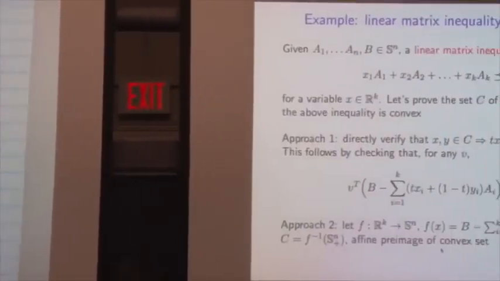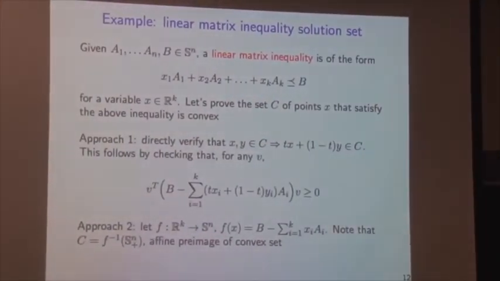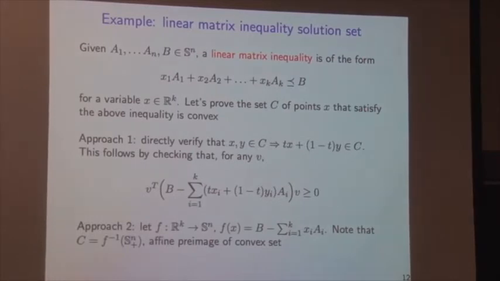Approach 2 is much less laborious. We don't have to actually go to the definition. This is not an example where you save yourself a lot of work, because this was pretty easy, but you'll save yourself a lot of work in the future. We're just going to think about this. What is this set? It's actually just the affine preimage of the positive semi-definite cone.